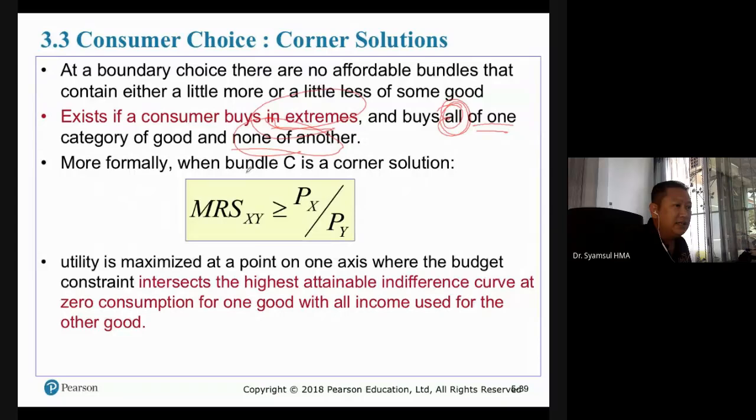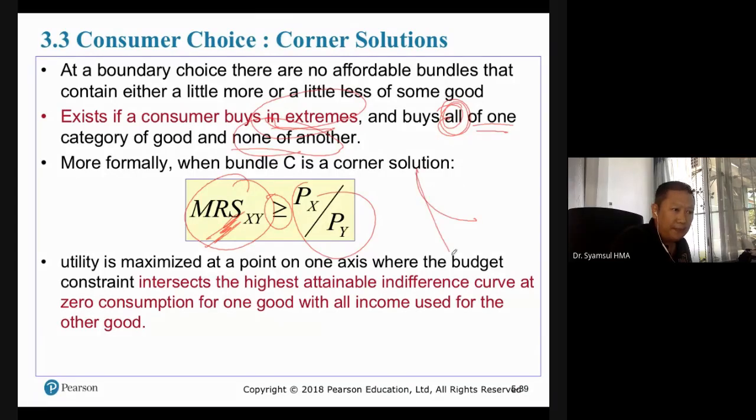More formally, when bundle C is a corner solution, the MRS is higher than or the same as the slope of the budget line. So utility is maximized at the point on one axis where the budget constraint intersects the highest attainable indifference curve, at zero consumption for one good and all income used for the other good.